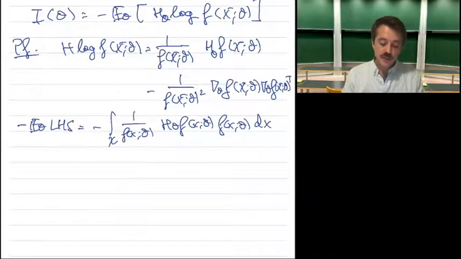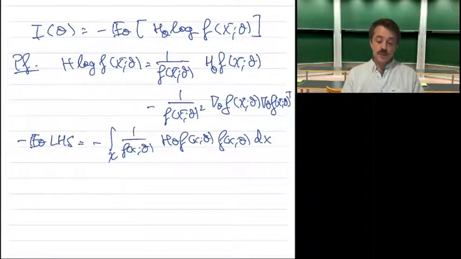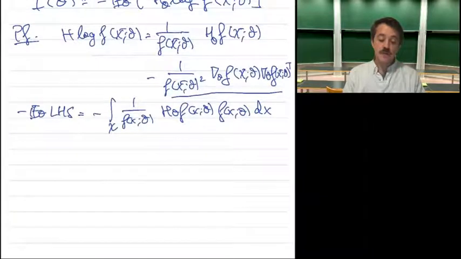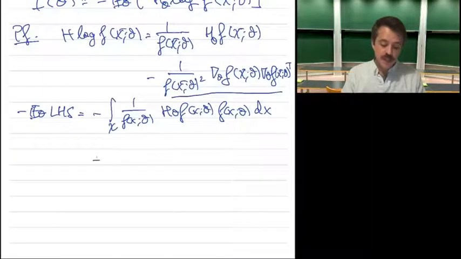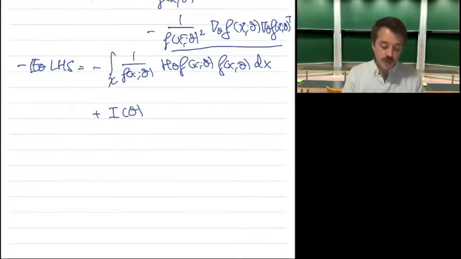And more than that, because we're in the interior, the second term is the gradient of the log times its transpose. So what we have here is just the Fisher information matrix I.